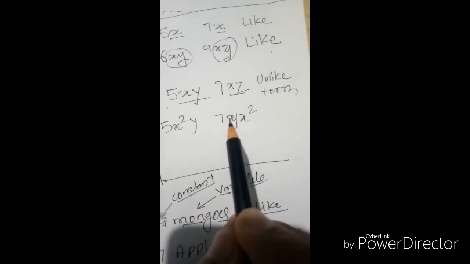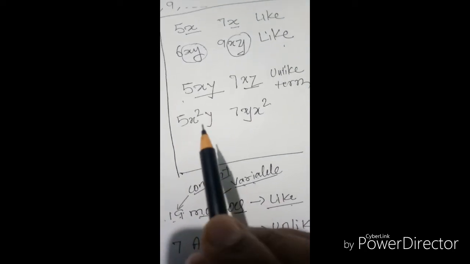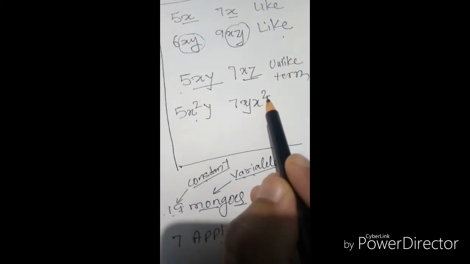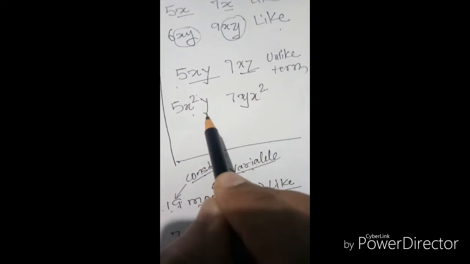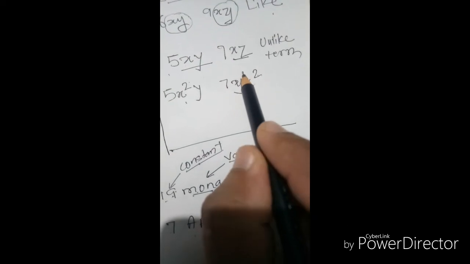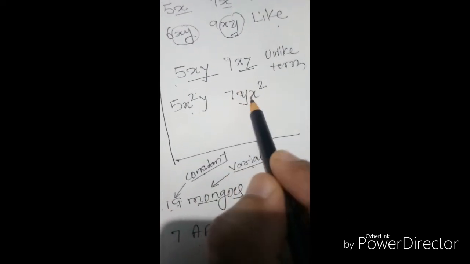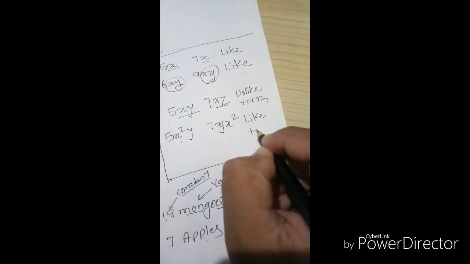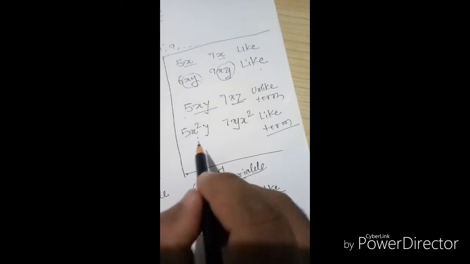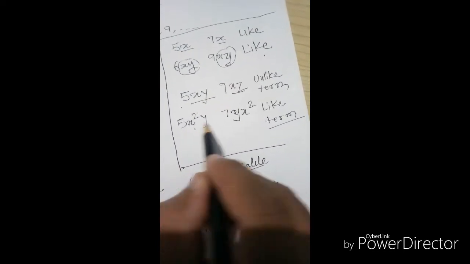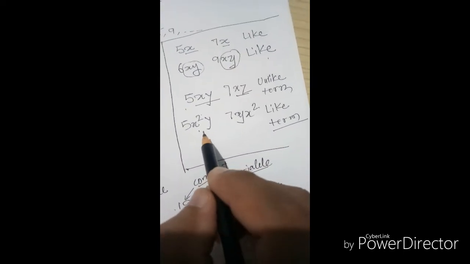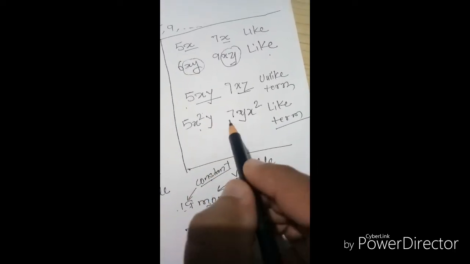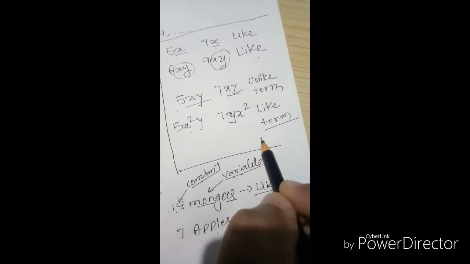If you have a little doubt about this, let's understand. Here x is squared, and x here is also squared, and y here is single, that is index 1, here the index is also 1, so both are the same, and hence they are called like terms. Maybe it is written in any sequence, remember that, but the variables are the same, so they are called like terms.